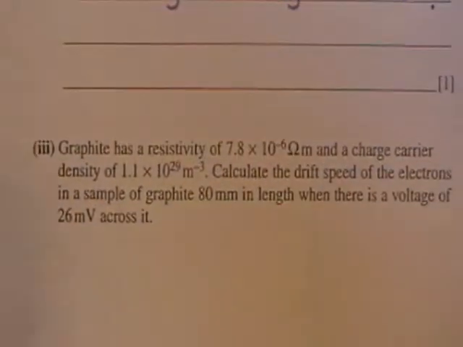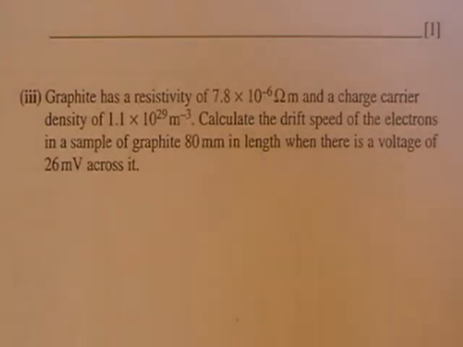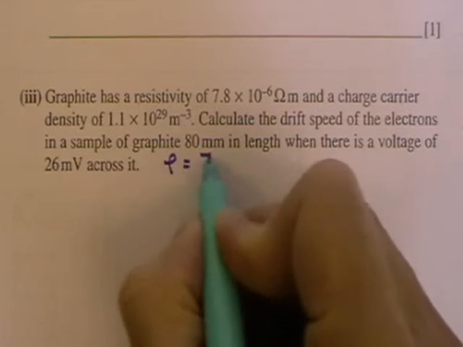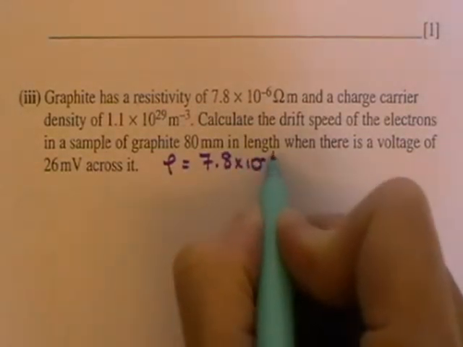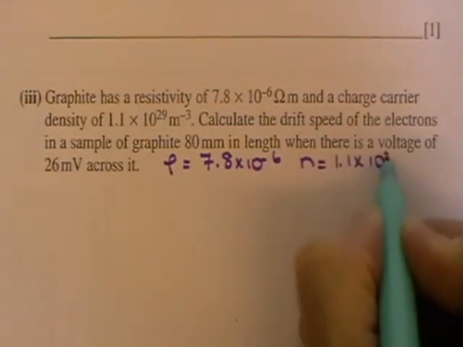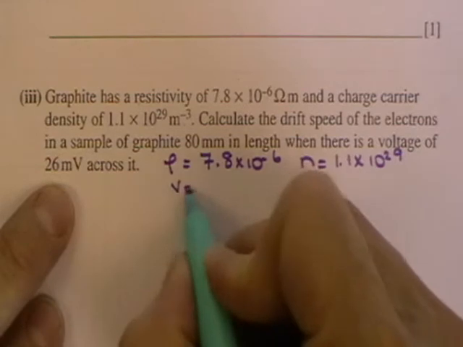And then the last part, graphite has a resistivity of 7.8 by 10 to the minus 6, and a charge carrier density. So we'll just write that down. Resistivity 7.8 by 10 to the minus 6. Charge carrier density n is equal to 1.1 by 10 to the 29. We're looking for drift speed, so we're looking for v.